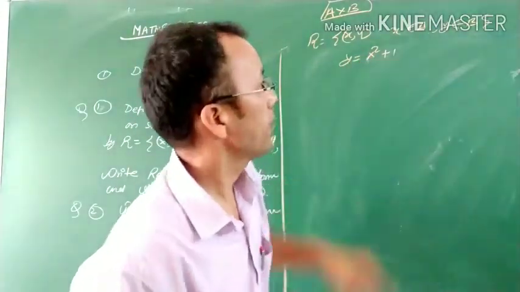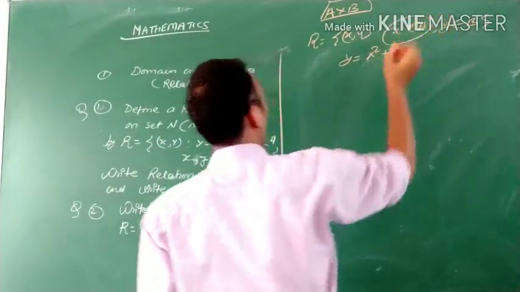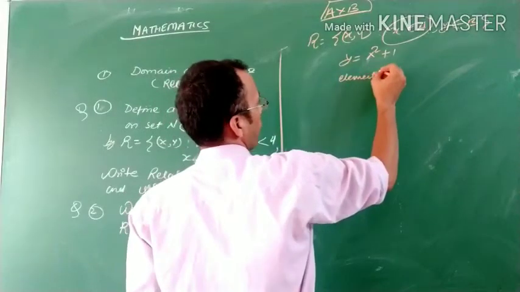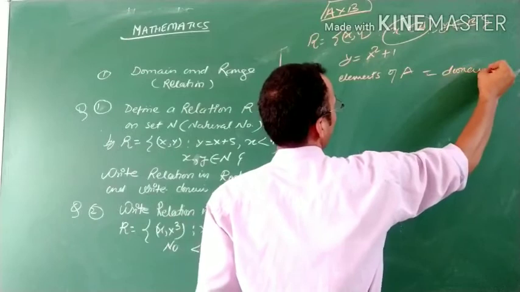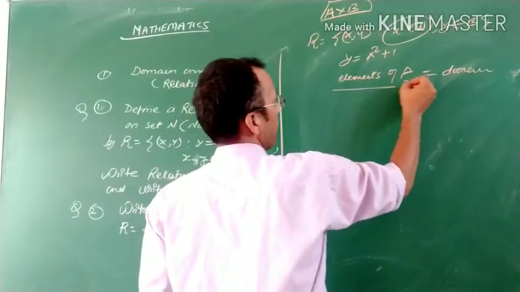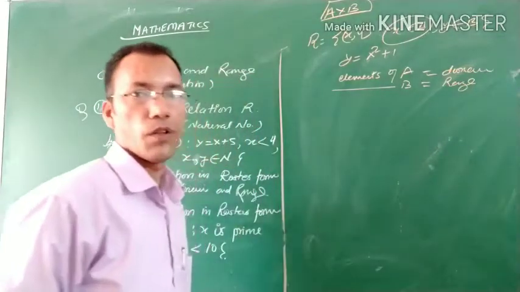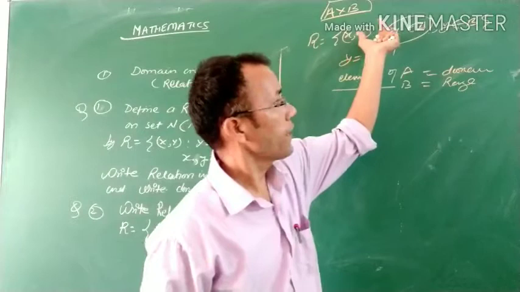Mathematically, the elements of x, which are the elements of A, are the domain, and the elements of B are called the range, right? The value of y which we get, that is the range.